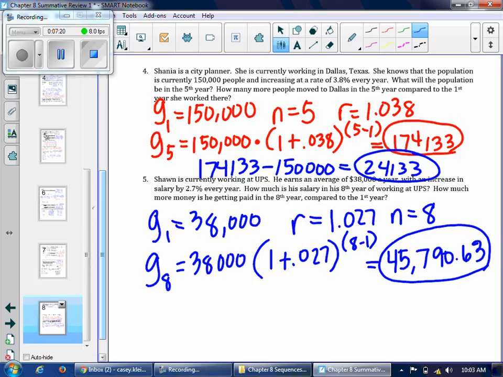In his 8th year, he's going to be making $45,790.63. Now, we're going to compare the 8th year to the 1st year and find the difference. So let's go ahead and find that amount.